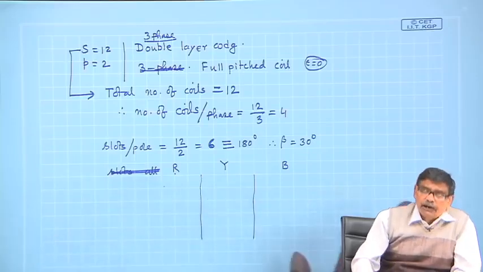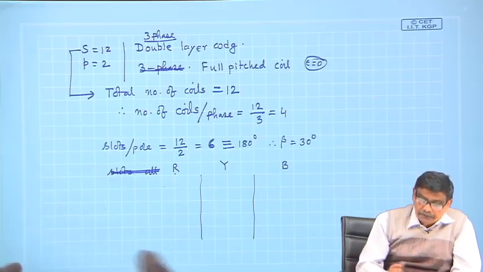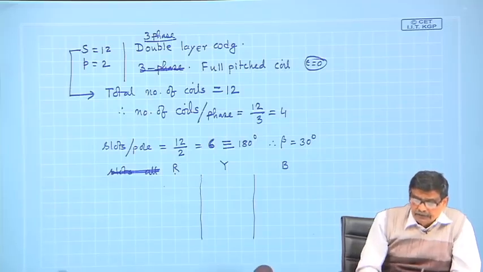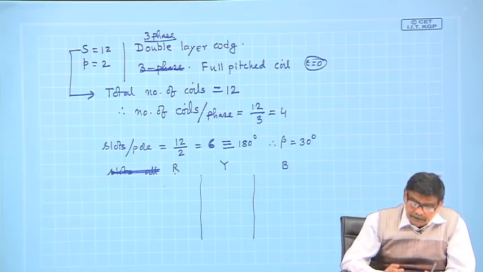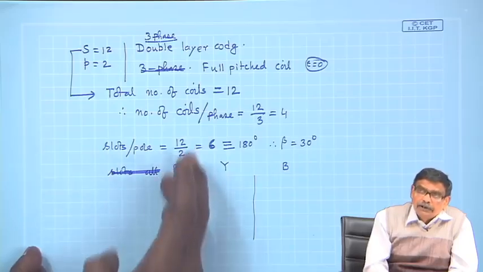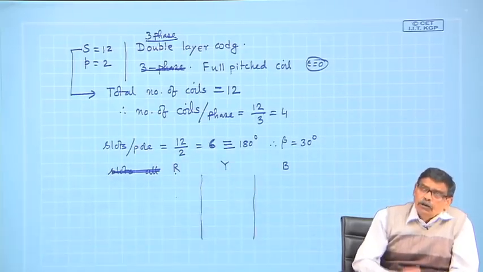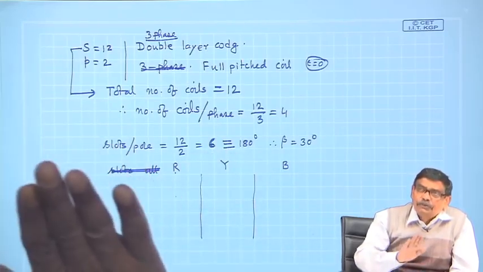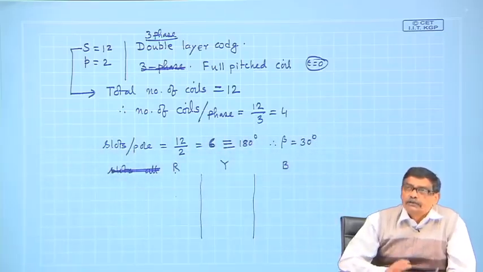Before I do the winding, I want to tell only one point that everyone knows, but you should keep that in mind. It will reduce your hard way of understanding things. In whichever way the R winding is accomplished, Y phase winding will be exactly the same as R phase winding, but displaced in space by 120 degrees electrical, that is all.